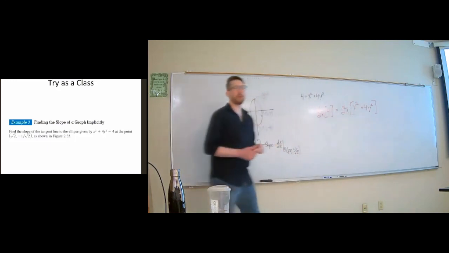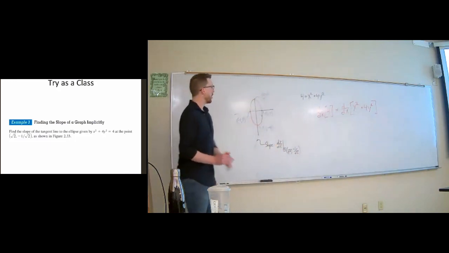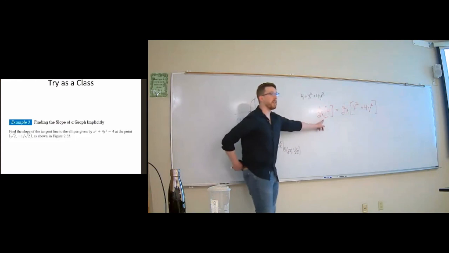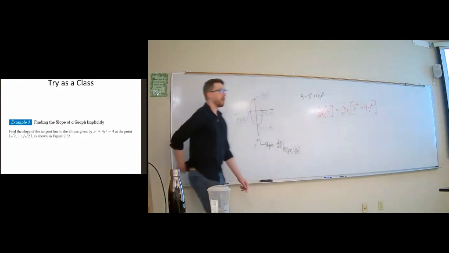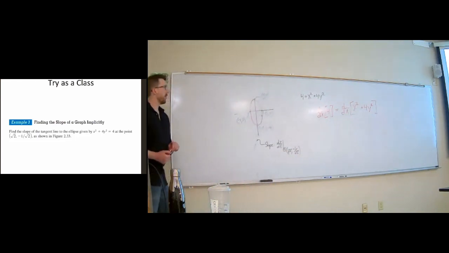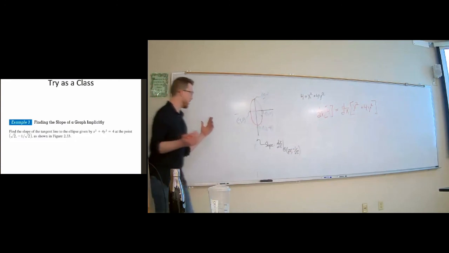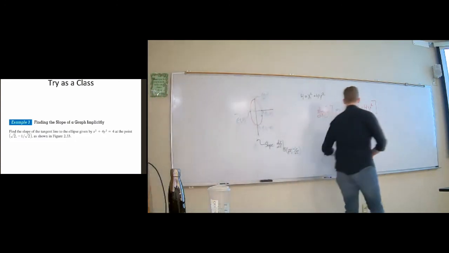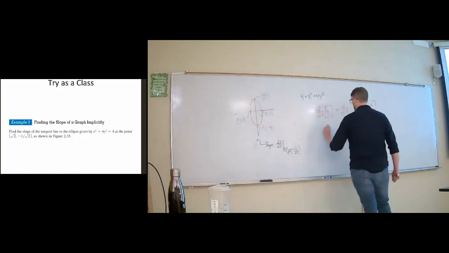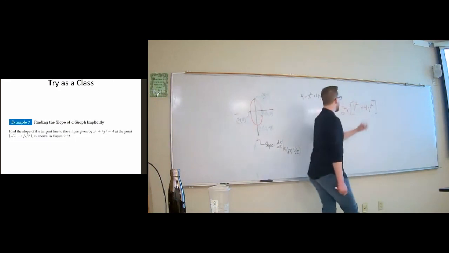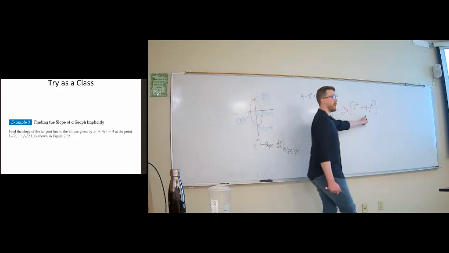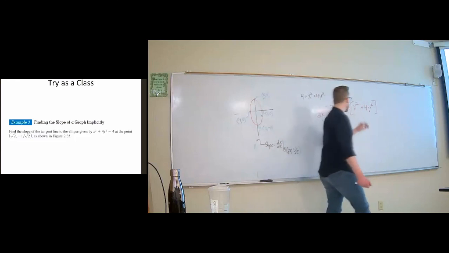Right away, we know something about this. The derivative of 4 just goes straight to 0. And on the right side, we can break this derivative up using the sum and difference rule.